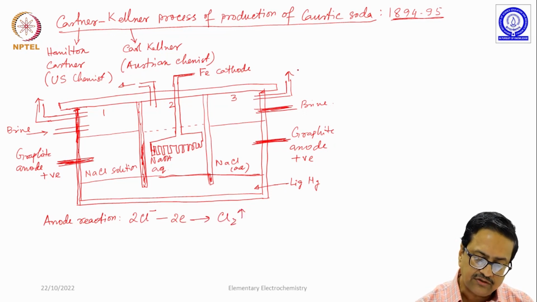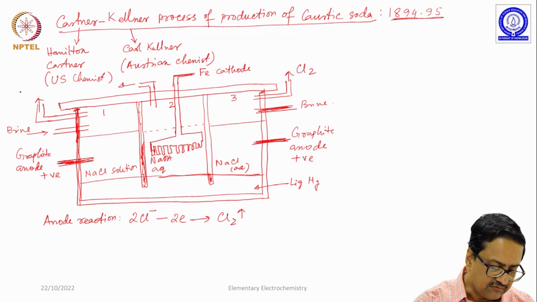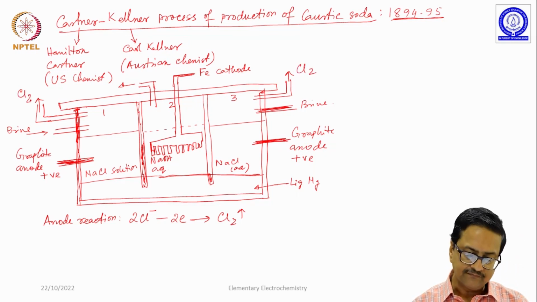So on both anode chambers, chlorine gas will come out as a byproduct.